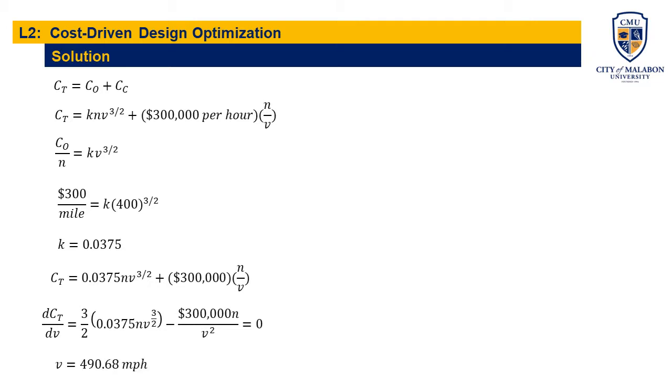Therefore, we can now solve for the value of V, right? Because for the first question, we are required to find at what velocity should the trip be planned to minimize the cost. Therefore, our V in this equation is equal to 490.68 miles per hour.